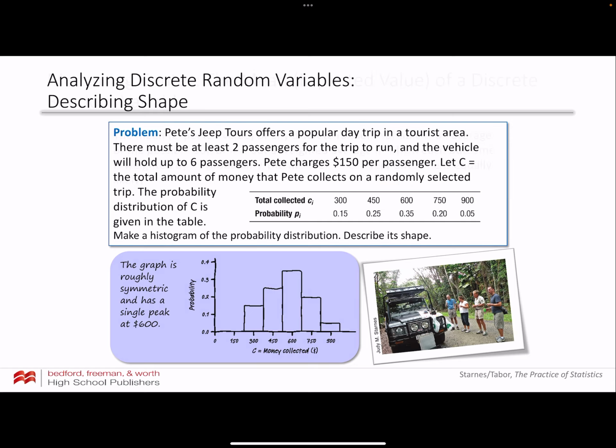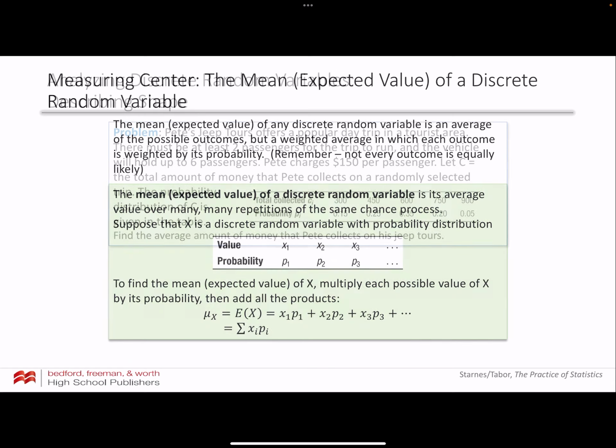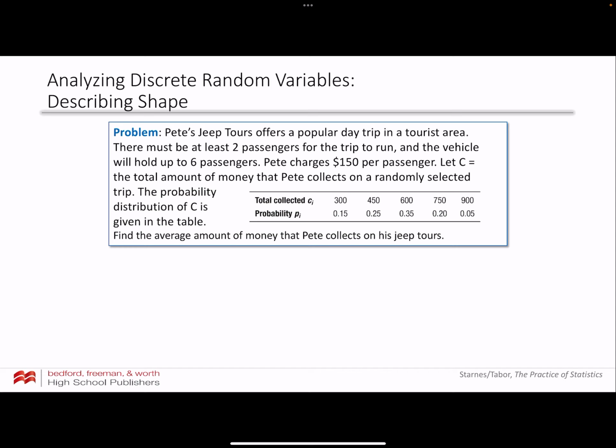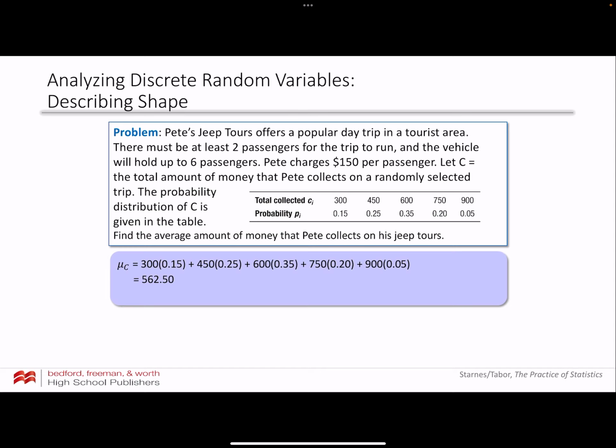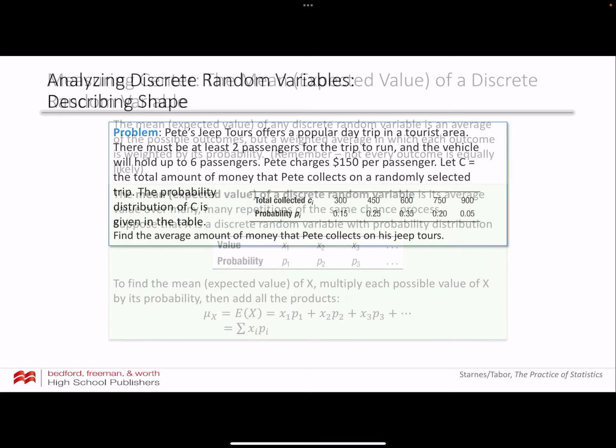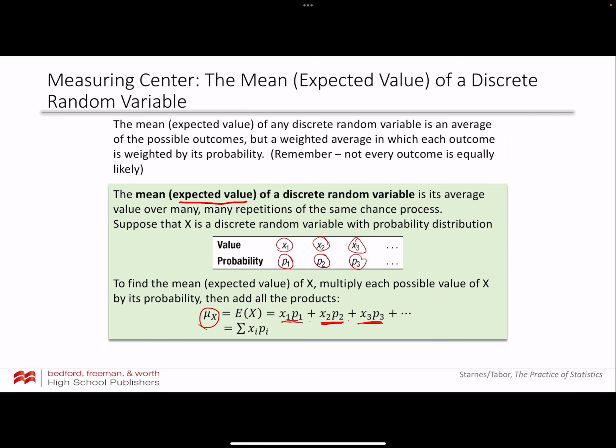So this is the whole population. Because a random variable is describing a whole population, we are going to use mu sub x, we call it. So this is kind of indicating that it's not the mean of individual data points, it's the mean of the random variable x, where x, in the case of Pete, is the amount of money that he collects on a randomly selected trip.